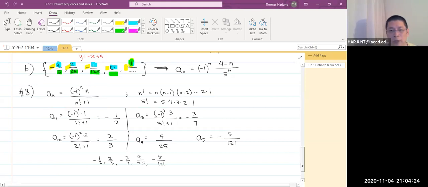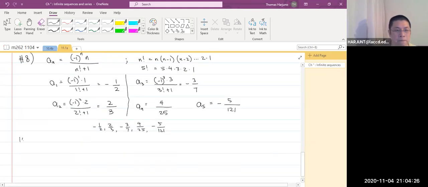How about number 10? Number 10, we have a recursive form. The first term is 6. The next term equals the previous term over n. So the first term is 6.